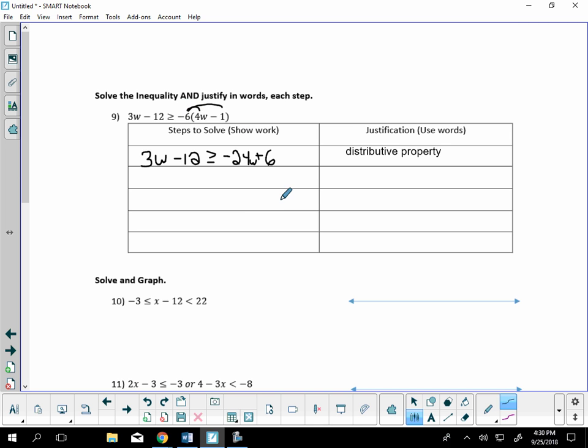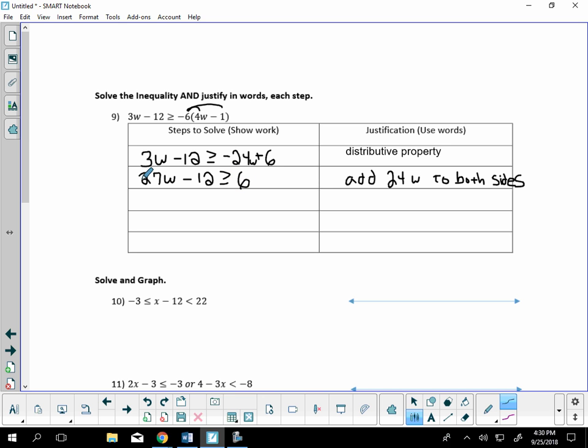So now I want to get all my variables to one side, so I'm going to add 24w to both sides. And when I do that, I'm going to get 27w minus 12 is greater than or equal to 6.